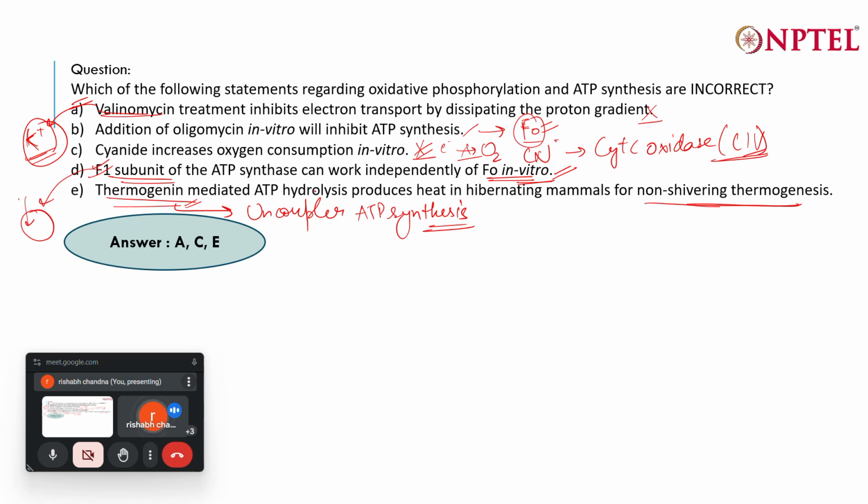But it doesn't have ATP hydrolysis in this. This actually takes place in small animals basically, and it is seen in placental mammals. So this is also false. Okay, so the correct answers are A, C, and E, that are false statements.